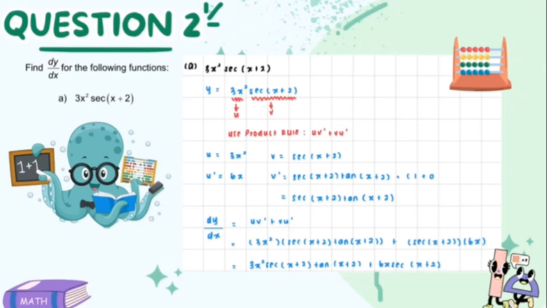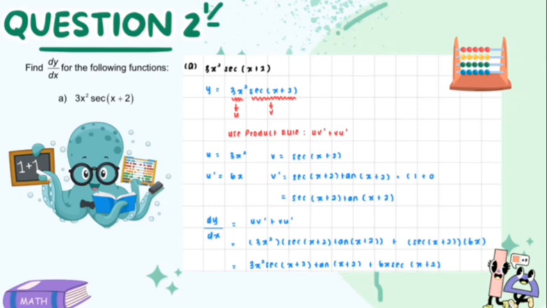After we get the value of u, u prime, v and v prime, we substitute it into the product rule formula, which is uv prime plus vu prime, to get dy over dx. Write down dy over dx equal to 3x squared times secant of (x plus 2) times tangent of (x plus 2) plus secant of (x plus 2) times 6x.